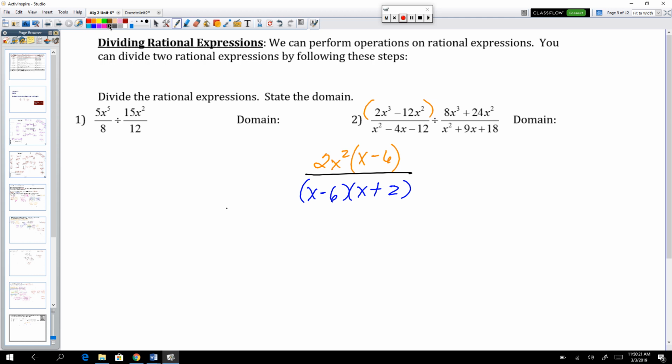Now, I am going to flip the fraction here. And we'll move this purple to the bottom. And we'll move the pink to the top.